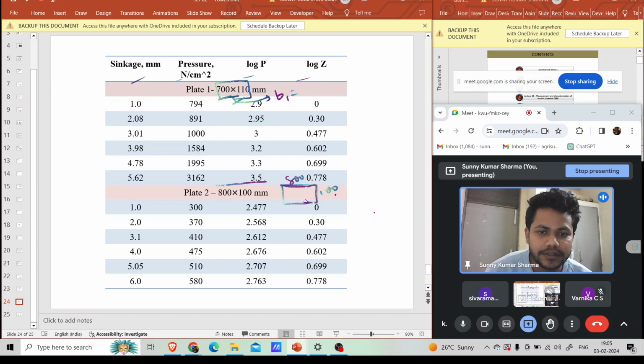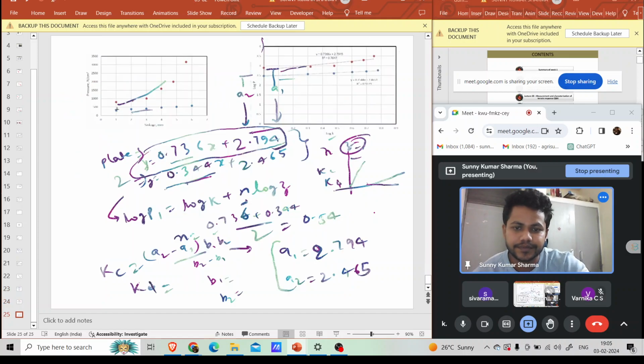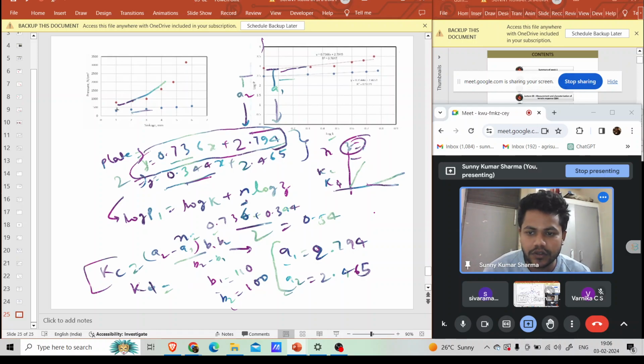So what is B? B is always the smaller dimension between these two. So this is 110 mm for B1 and for B2 it is 100 mm. B1 is 110 and B2 is 100. You put these A1, A2, B1, B2 in the expression, and you will get the value.